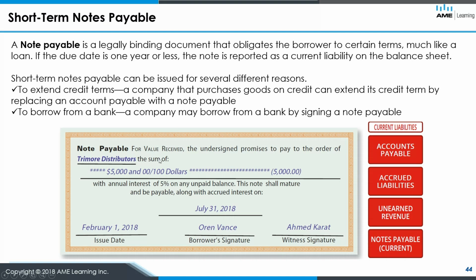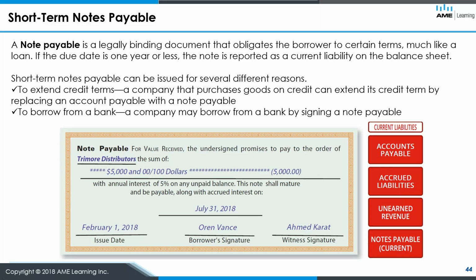So they're just mentioning here that there is sometimes, and don't worry about this too much, a situation that arises where a company purchases something on credit, and it would be an accounts payable originally.